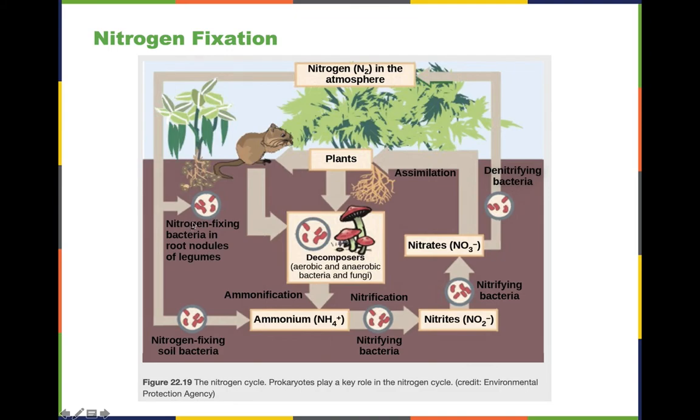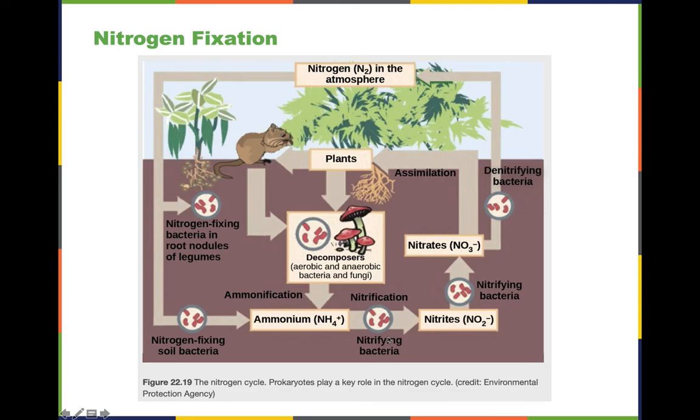So nitrogen is fixed from the atmosphere. In addition to these specific types of bacteria that work with the roots of legumes, there are other nitrogen fixing bacteria that can fix nitrogen without a partnership with the roots. They turn nitrogen into ammonia.